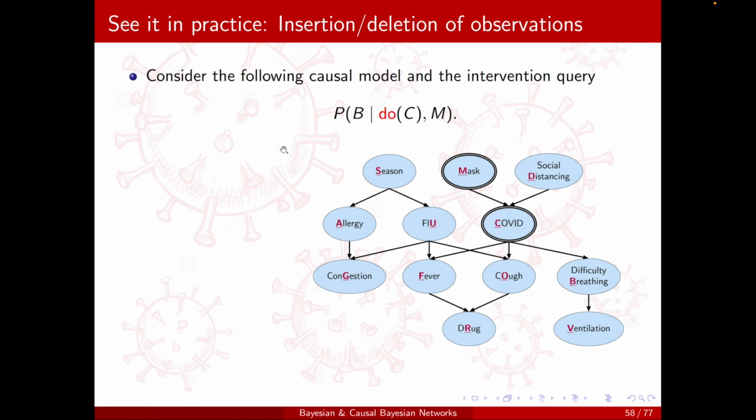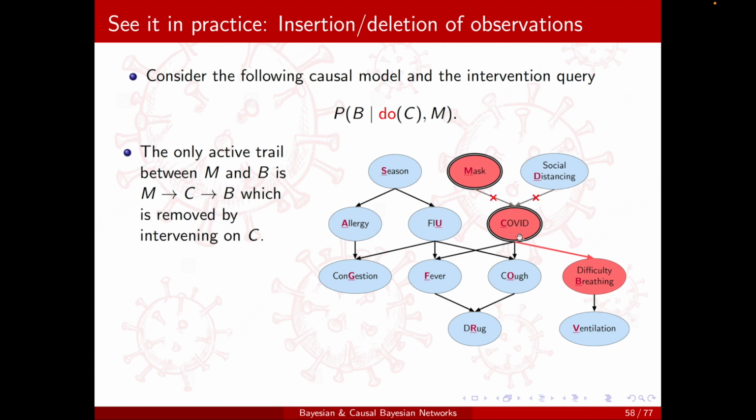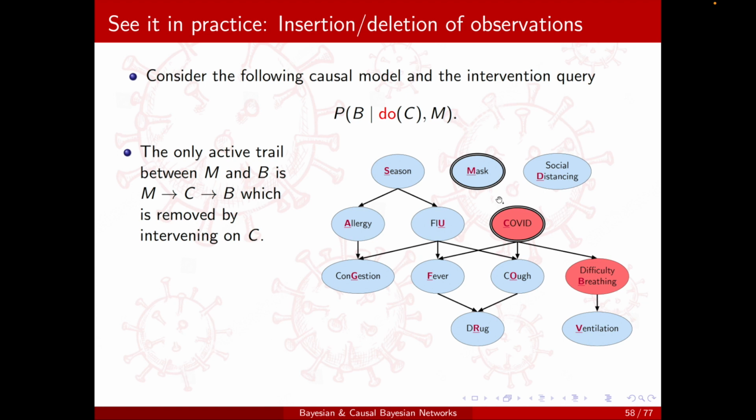Consider the COVID DAG in the following, and we want to answer the intervention query P of B conditioned on do of C, and given the value of M. The only active trail between M and B is this one here, the red one, via C. This active trail will become inactive once we construct the mutilated network, because then these edges will be removed and you can see that there's no trail between mask and difficulty breathing.